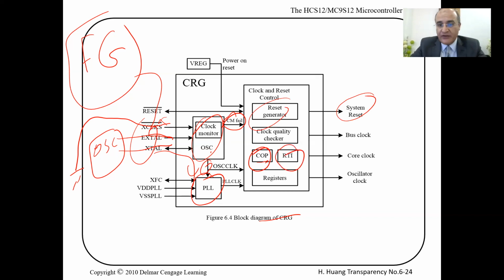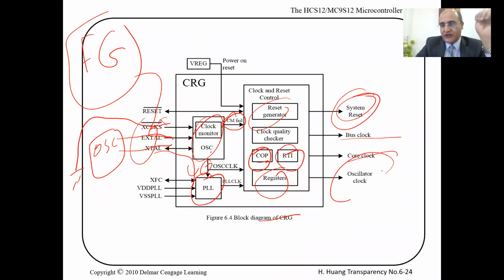We have the real-time interrupt block, the clock quality checker, and registers to control all these things. What we get out from this block is a system reset, something that resets the system in any case. A bus clock, a core clock, and an oscillator clock.